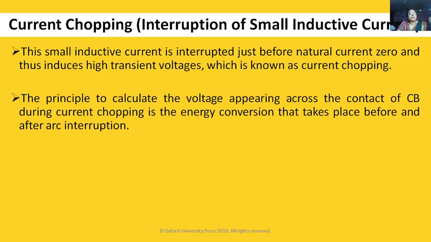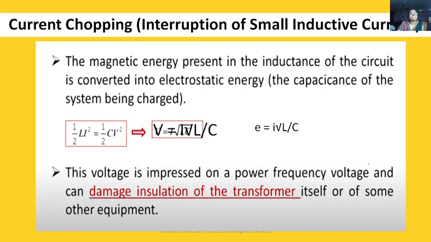The principle to calculate the voltage appearing across the contacts of the circuit breaker during current chopping is based on the energy conversion that takes place before and after arc interruption. The magnetic energy present in the inductance of the circuit is converted into electrostatic energy.